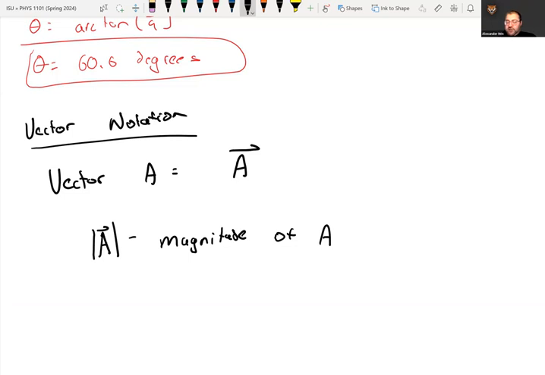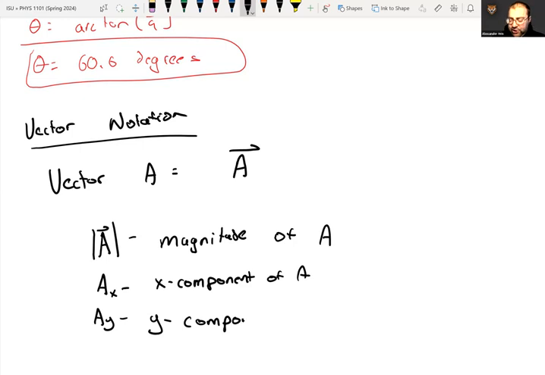That would be the hypotenuse of that triangle. Then you can also do A sub x and A sub y. A sub x would be the x component of A, and A sub y would, of course, be the y component of A. So that's just a few notation things to know regarding vectors, and I'll be using that as we go through.